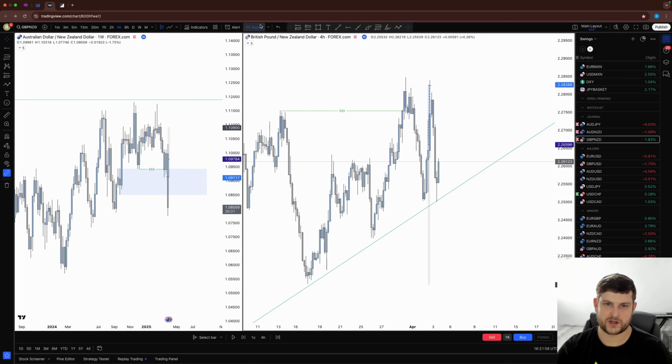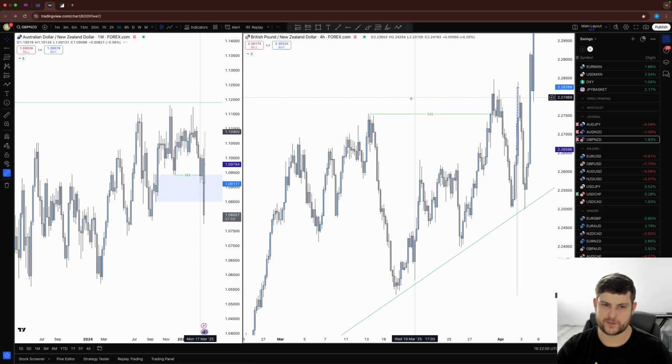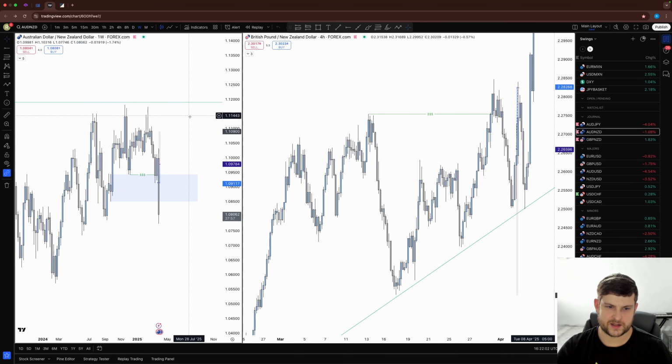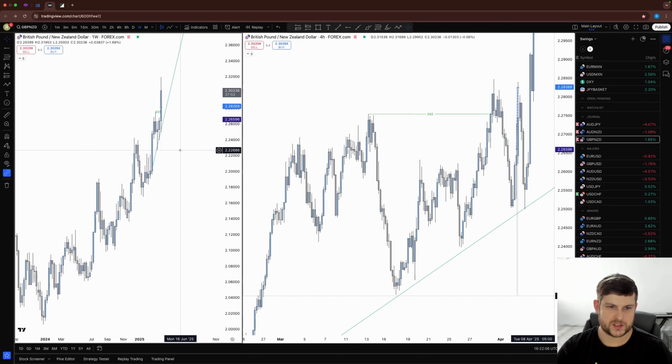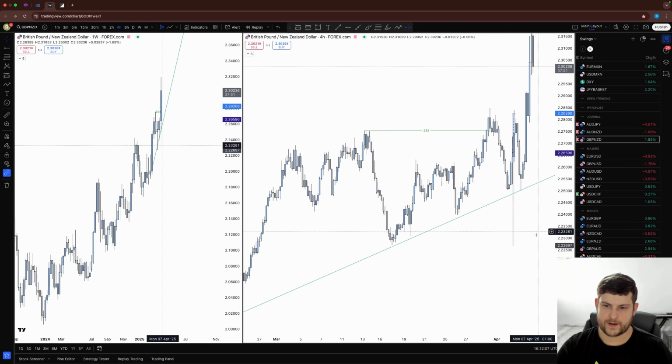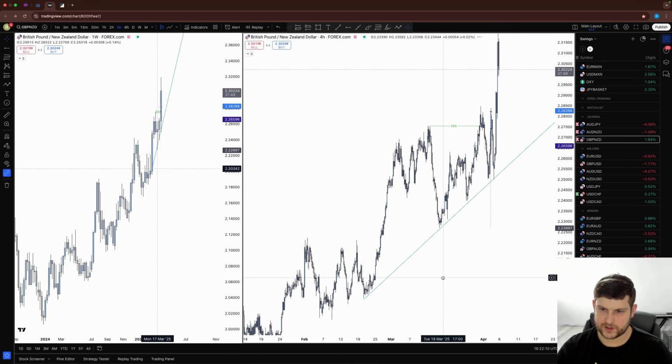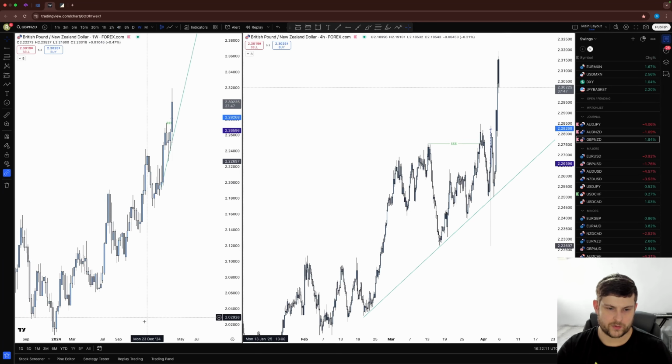Okay, here I'm gonna cut right to the chase as well, leaving replay mode. This was also a nice setup. Just change here, GBP NZD. Massive trend line here, massive trend line, okay. On the weekly, when we look to the left, we fully closed.